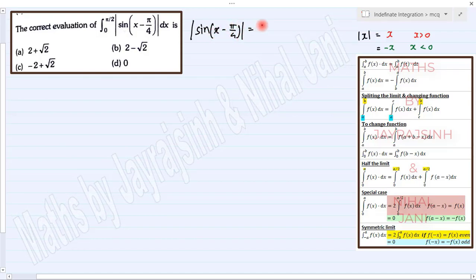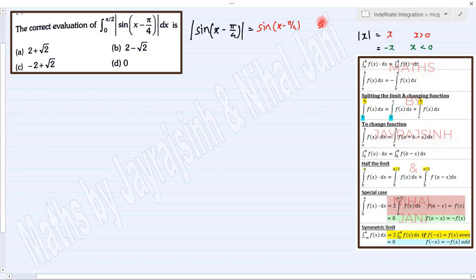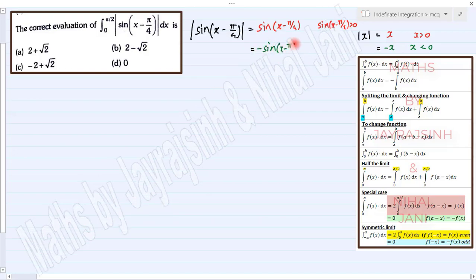So we can say it will be sin(x − π/4) when sin(x − π/4) is greater than 0, and it will be minus sin(x − π/4) when sin(x − π/4) is less than 0.